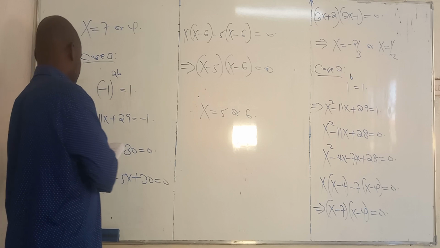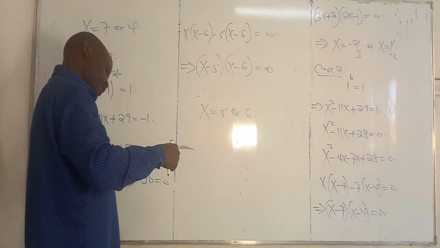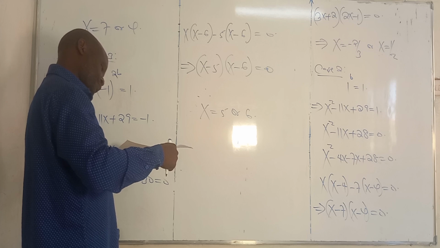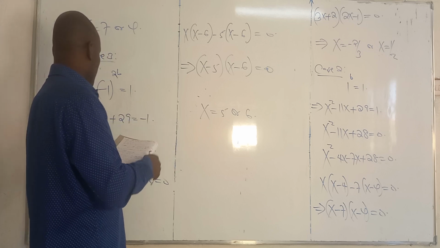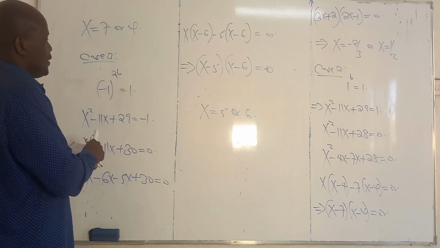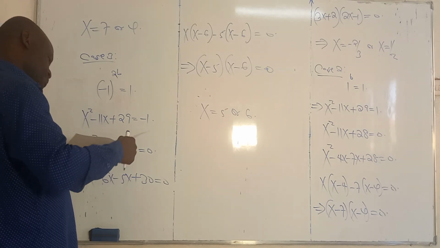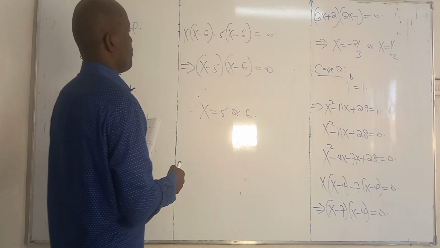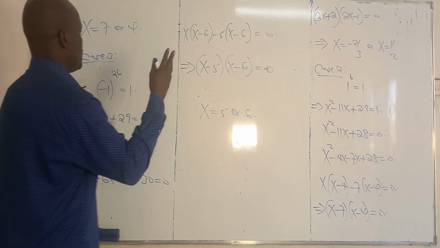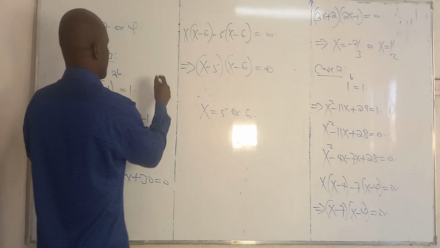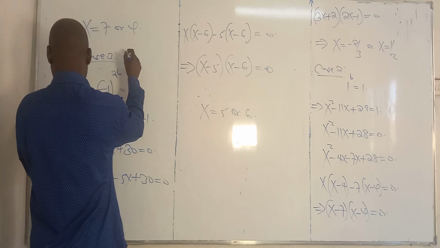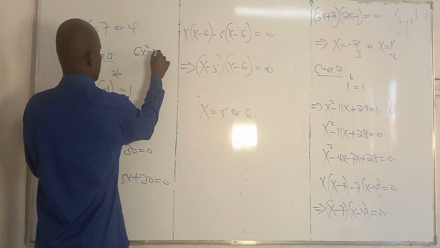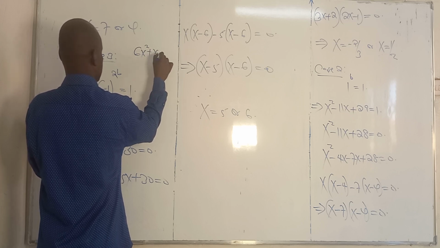So first, we take 5 and substitute 5 in the power. The power was something like 6x squared plus x minus 2.